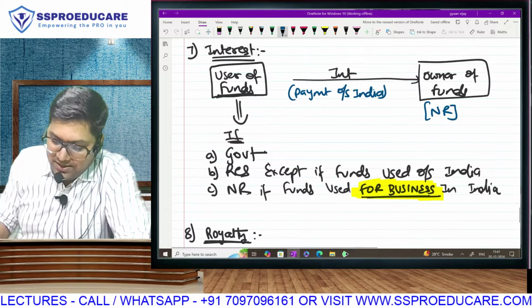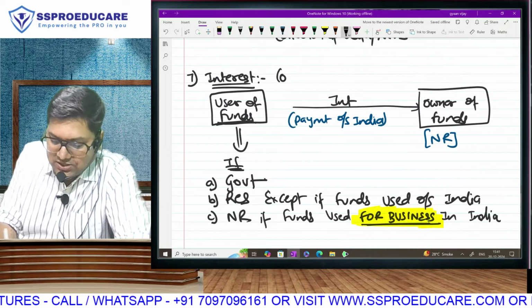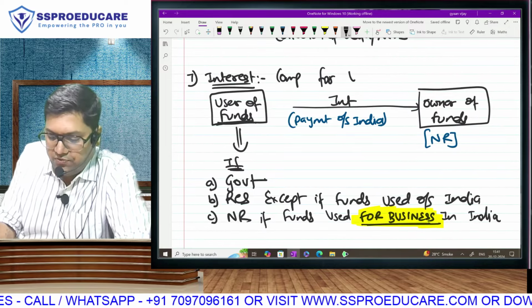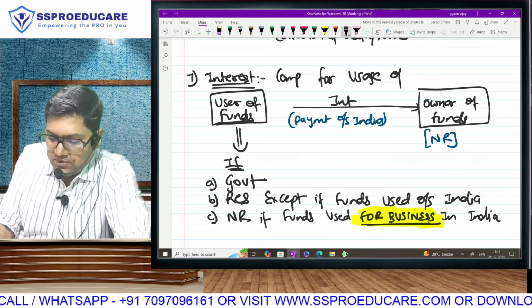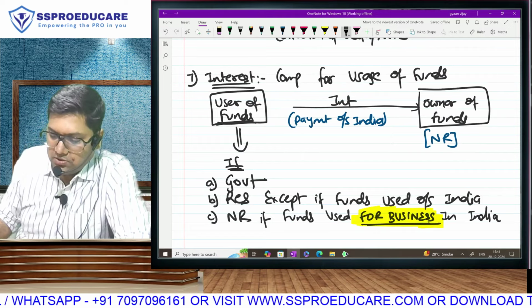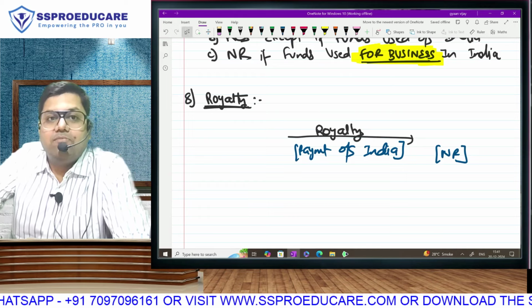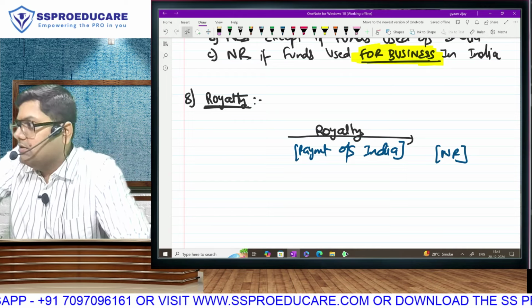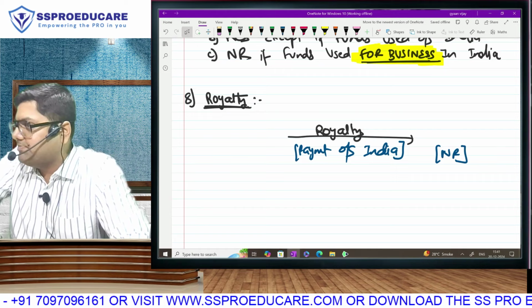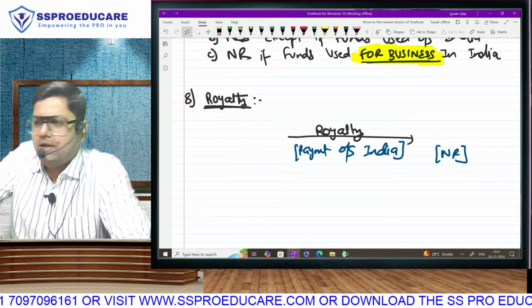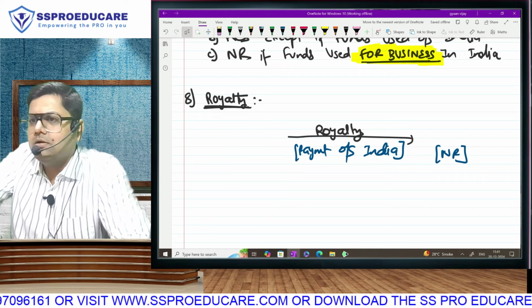For example, in interest, we said, what is interest? Interest is compensation for usage of funds. So likewise, what is royalty? Because if you know the meaning, then only you better understand the taxability of it. Anyone wants to throw light on what is royalty?